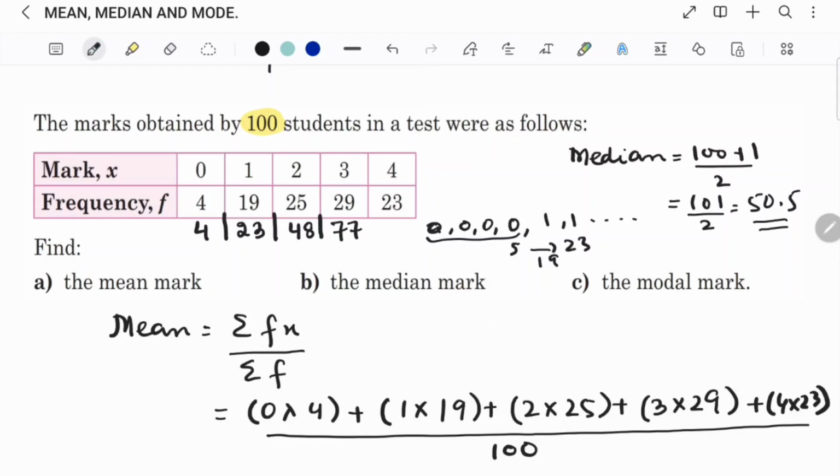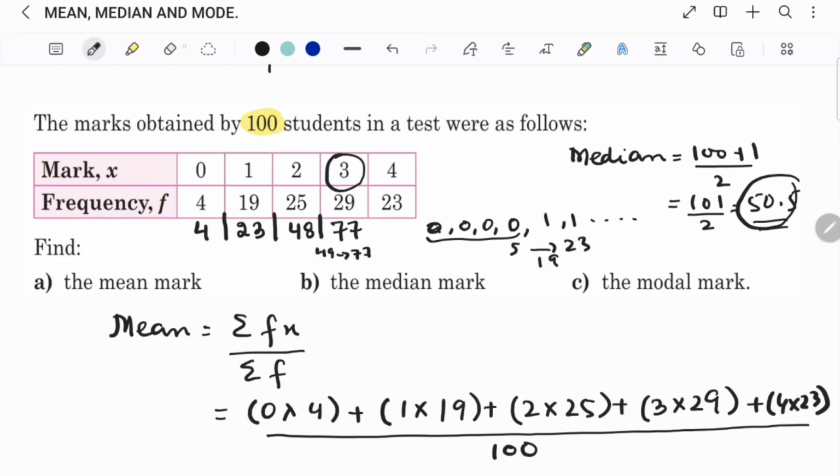And then obviously 77 plus 23 will be 100. But we have to stop here, okay, because we found this 50.5 value. It means here 49 to 77, the 3 was written, and in between you have the 50.5 value also. So the 3 is the median here.